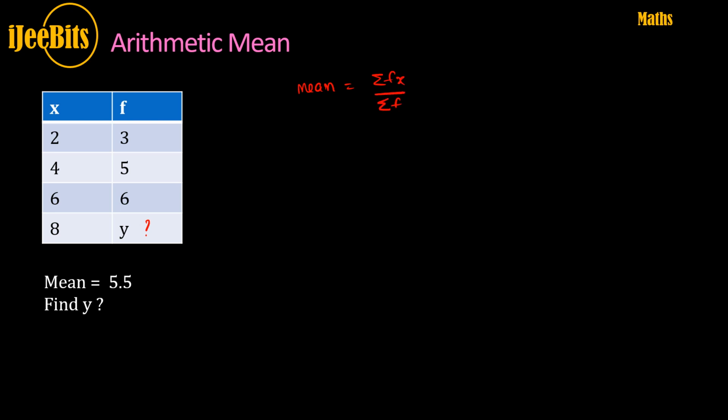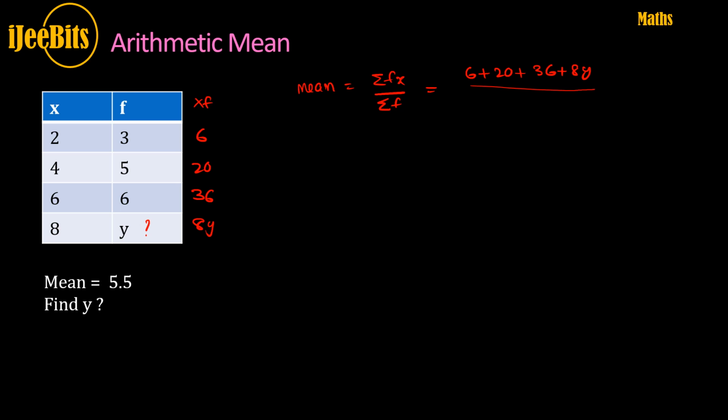So for sigma fx, you have to multiply: 2 times 3 is 6, 4 times 5 is 20, 6 times 6 is 36, and then 8y. This is your xf, and then you have to sum them. So 6 plus 20 plus 36 plus 8y.